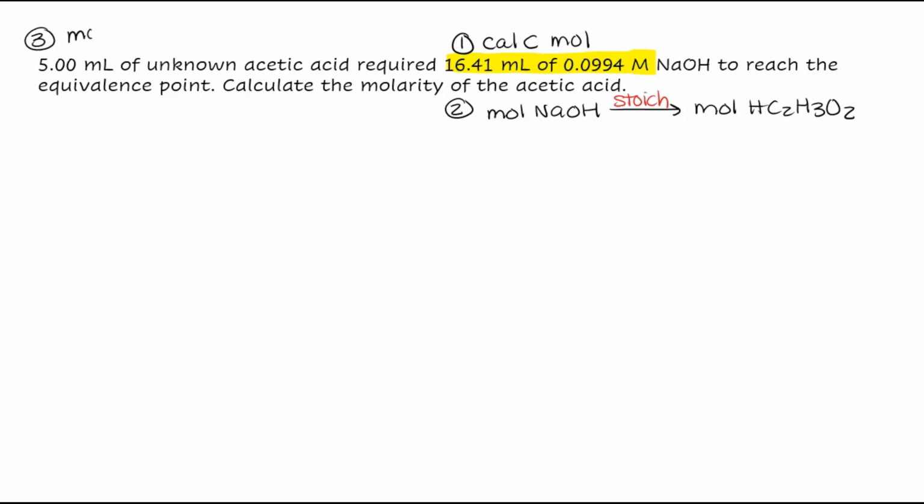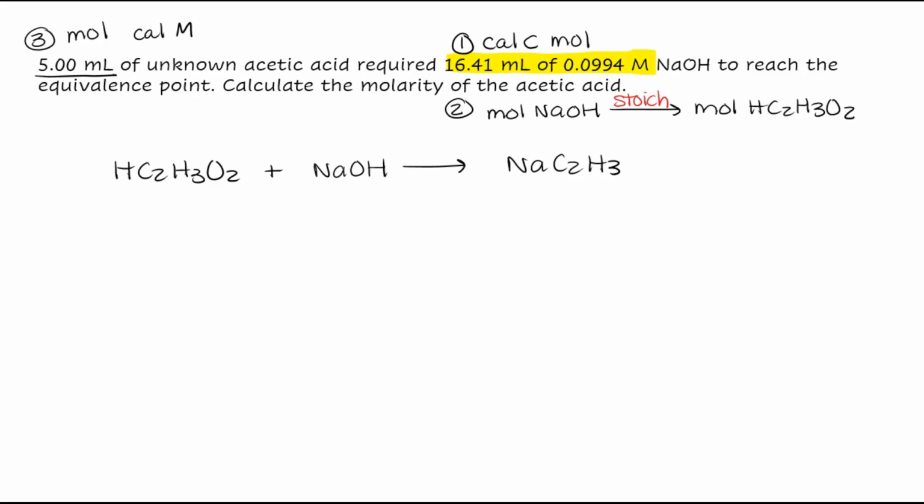Now we have the moles of acetic acid and the volume of that acetic acid, and that allows us to calculate molarity. So for the balanced equation, we have acetic acid being titrated with NaOH to form sodium acetate and water.